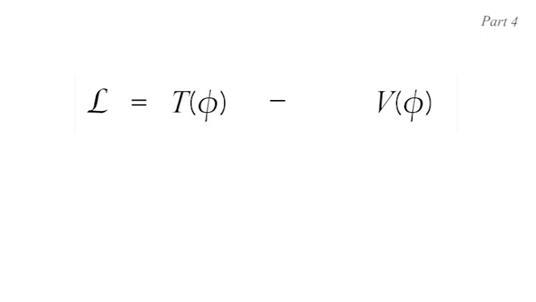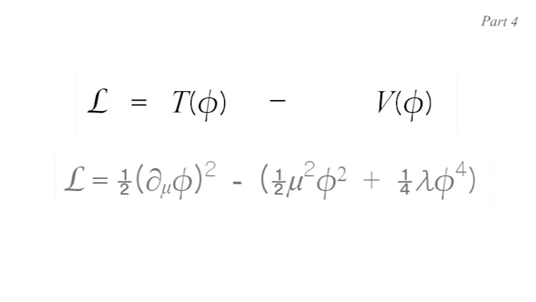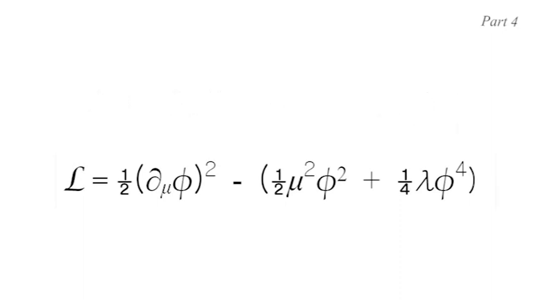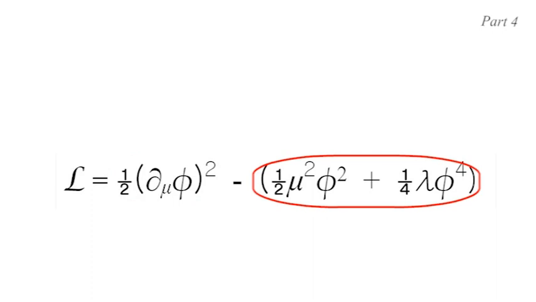We discussed what it meant for a field to have kinetic energy density and potential energy density, that is, energy per unit volume of space-time, and we came up with the following expression for Lagrangian density, the subtraction of the two. As we said, this Lagrangian density, which contains information about the way the field behaves, essentially has two parts, the kinetic energy density, and subtracted from this, the potential energy density.